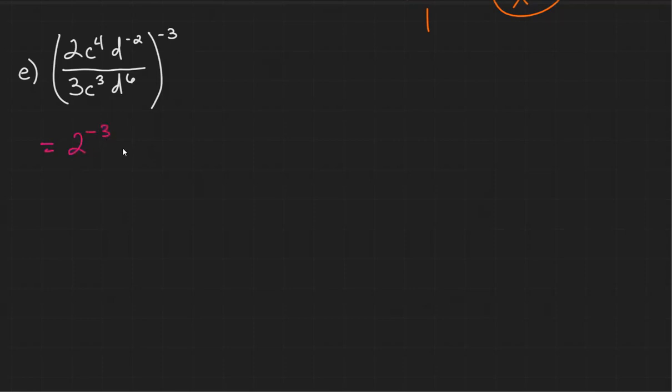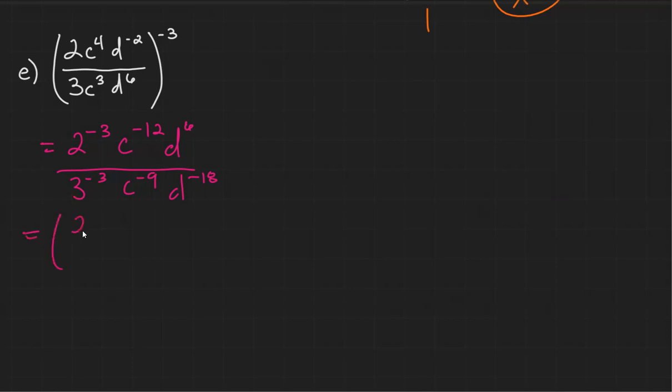You'll see that it's a little bit nicer to deal with that way. 2 to the negative 3, c to the negative 12, d to the negative 2 times negative 3, that's positive 6, divided by 3 to the negative 3, c to the negative 9, d to the negative 18. Okay, so this is kind of scary, but we can do it. Let's do the pieces individually.